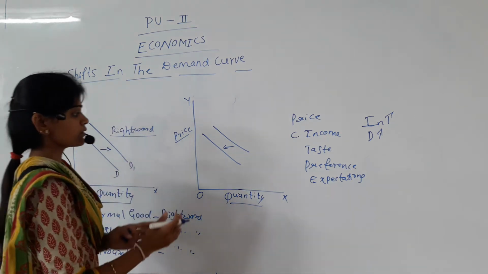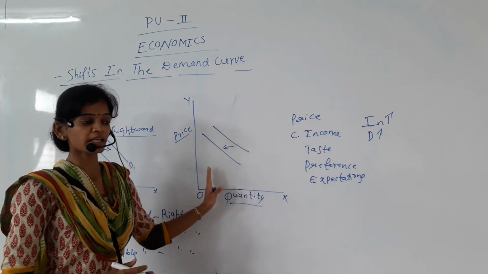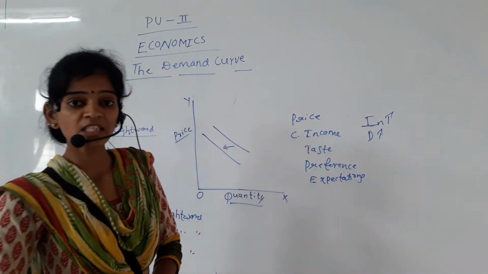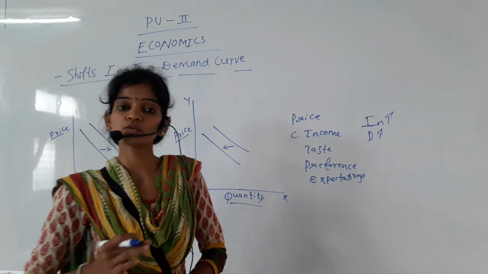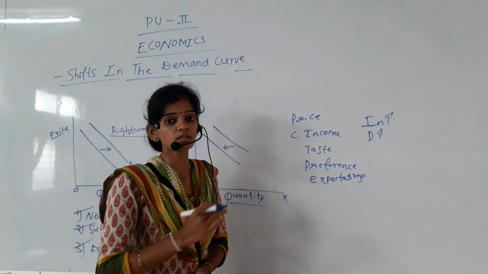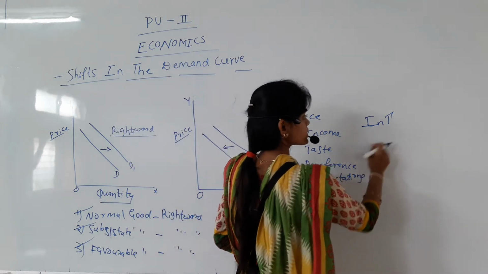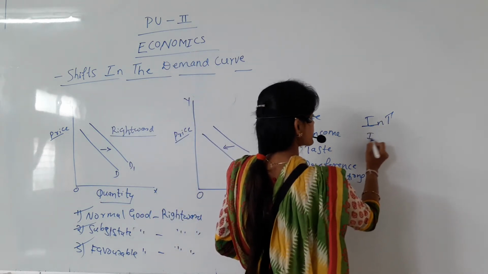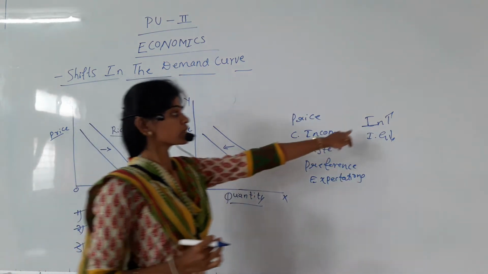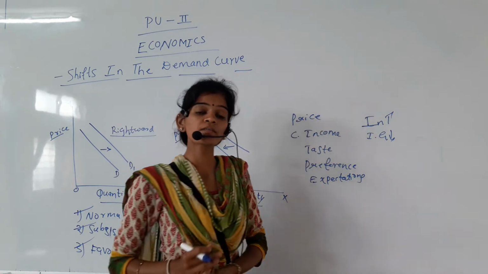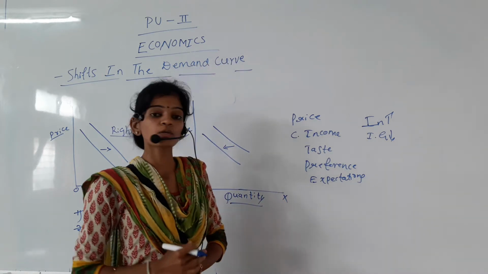In the second panel, how does the demand curve shift leftward? If consumer's income increases, then for inferior goods, with less income people prefer low quality food, low quality clothes or a roadside chat center.